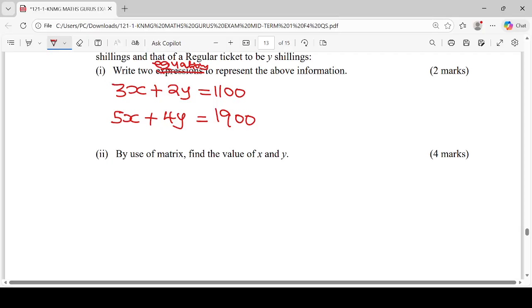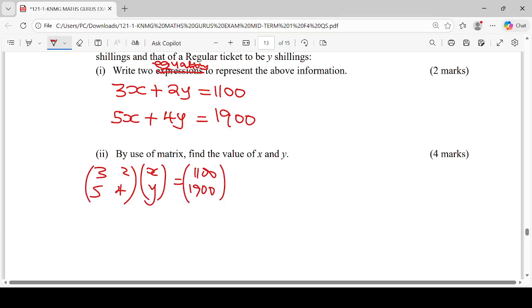So first of all, I have to represent this one as a matrix equation. These are linear equations. Matrix equations in this manner would have been 3, 5, 2, 4, xy being equal to 1,100 and 1,900. What I've written here, that's what's called a matrix equation.